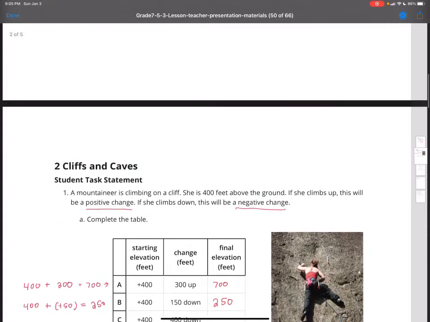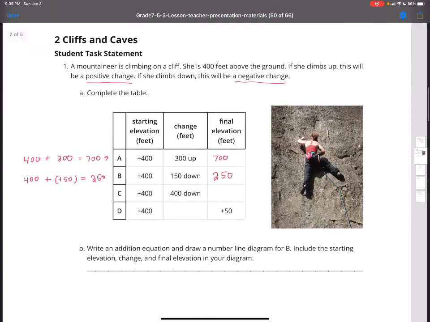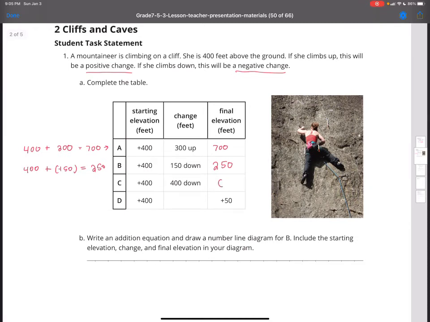So just to piggyback into the warm up, whenever it's opposite numbers and you add them together, it will be equivalent to 0, okay? So it's 400 plus negative 400. It's the same as saying 400 minus 400, okay?